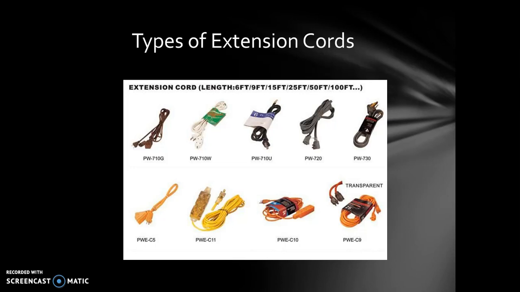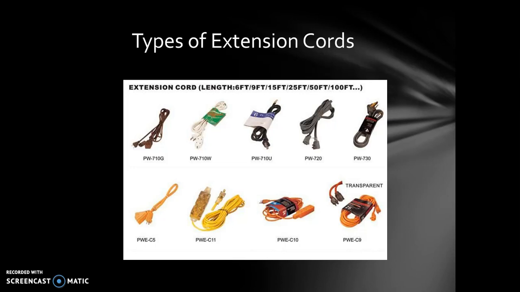A few examples: an extension cord that's 25 feet long and ranges from 1 to 13 amps would be useful for a light duty job such as work lights, portable fans, Christmas lights, or hedge trimmers.